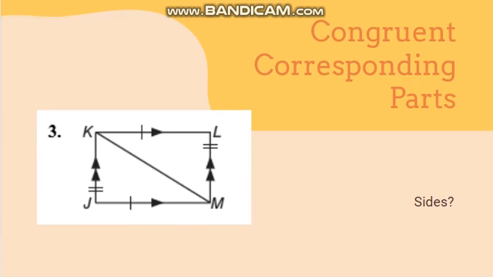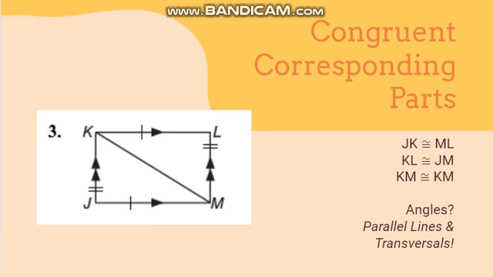And our last one, which sides are congruent? JK and ML are congruent. KL and JM are congruent. And we've again got a shared side in KM. So that side of the triangles is congruent. Angles: we've got parallel lines and transversals to help us figure this one out.